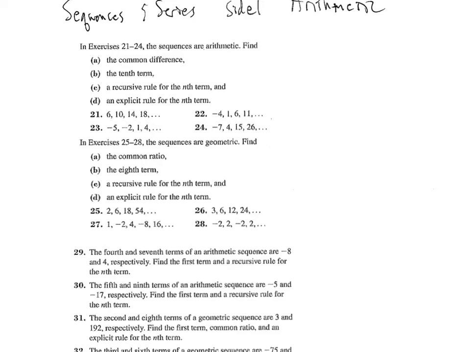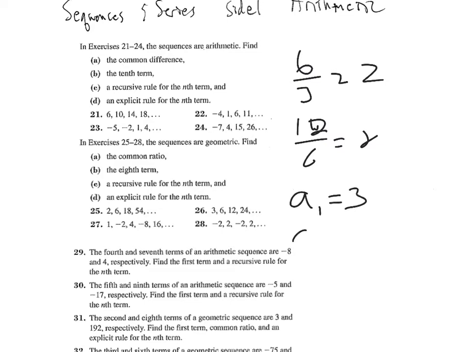So I spy with my little eye, 6 divided by 3 is 2, 12 divided by 6 is 2. That tells me r is 2. So to get the recursive rule, I'm going to do a sub 1 equals 3, a sub n equals a sub n minus 1 times 2, because that's a common ratio.